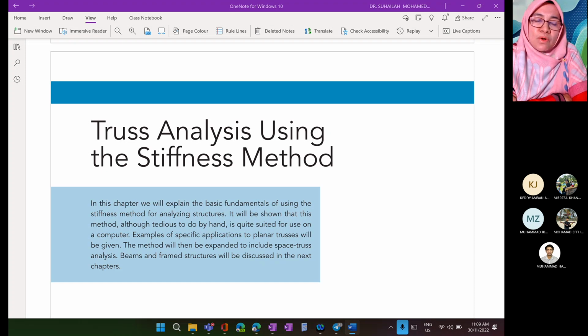Okay, so for this session, we focus on how to calculate unknown displacement as the first objective. The second one is to calculate reactions in the truss, and after that we will calculate the member forces in the truss. Okay, all will be using matrix multiplication.